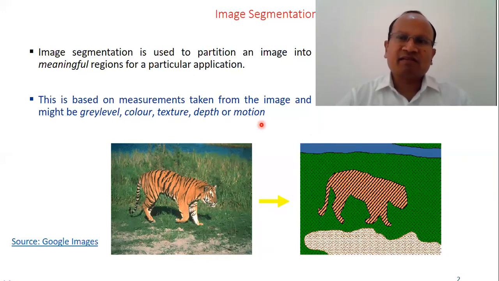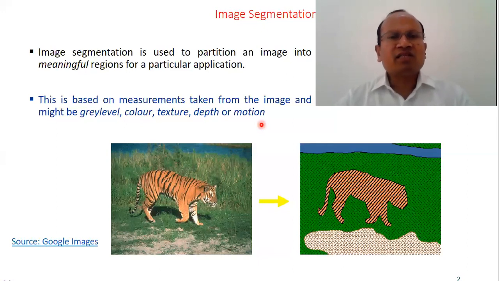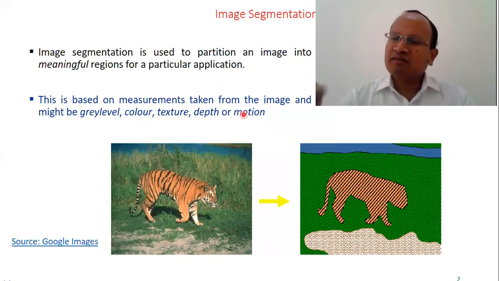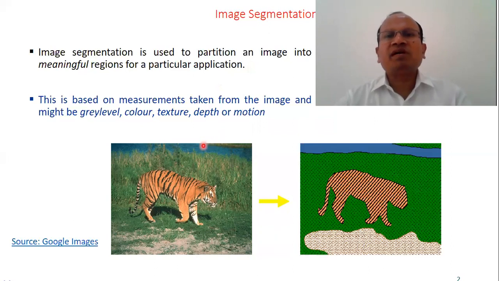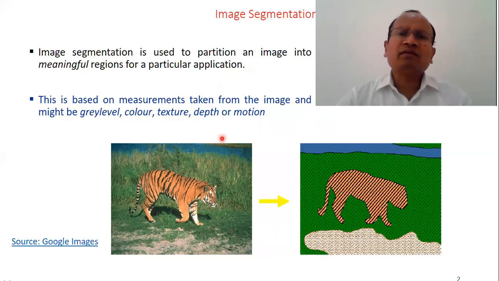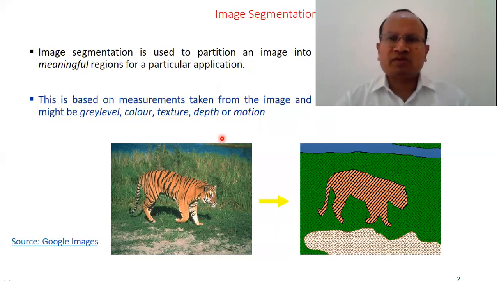That's what I'm saying. So this is based on measurements which are extracted from the images themselves. The attributes may be like gray level value, different colors, different textures, depth, movement of the images, or subsequent or interdependent attributes.